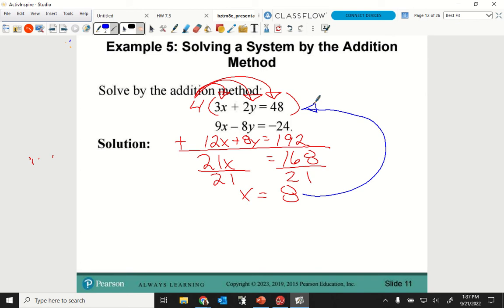So wherever I see my x value, I'm now going to write what? 8. I'm going to write it 8. So right here, we're plugging it in. So it's going to be 3 parentheses 8. Very good. Close. Plus 2y equals 48.